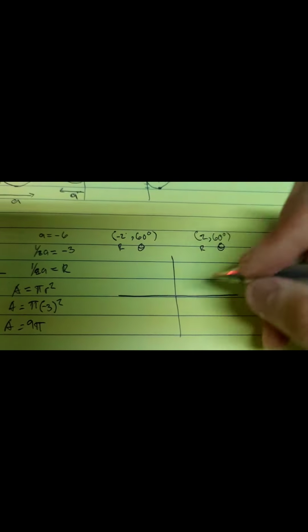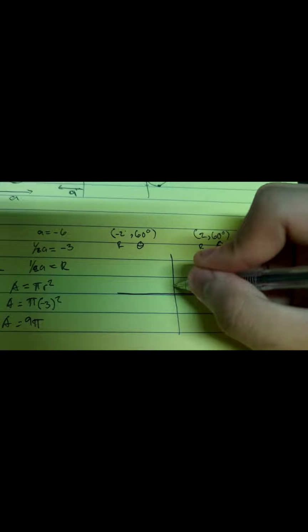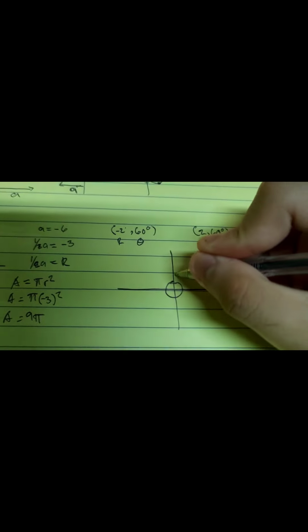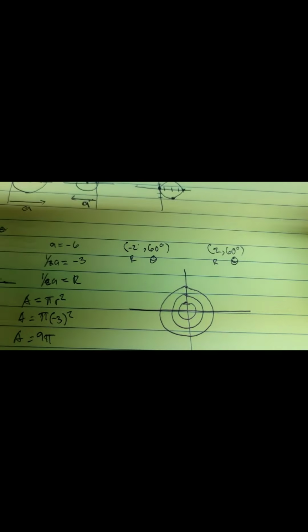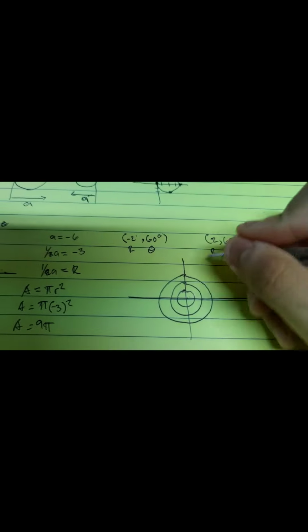How do we do this? First we make a radius 1 circle, a radius 2 circle, and a radius 3 circle. Our +2 will be going upward, so 1, 2, just here.